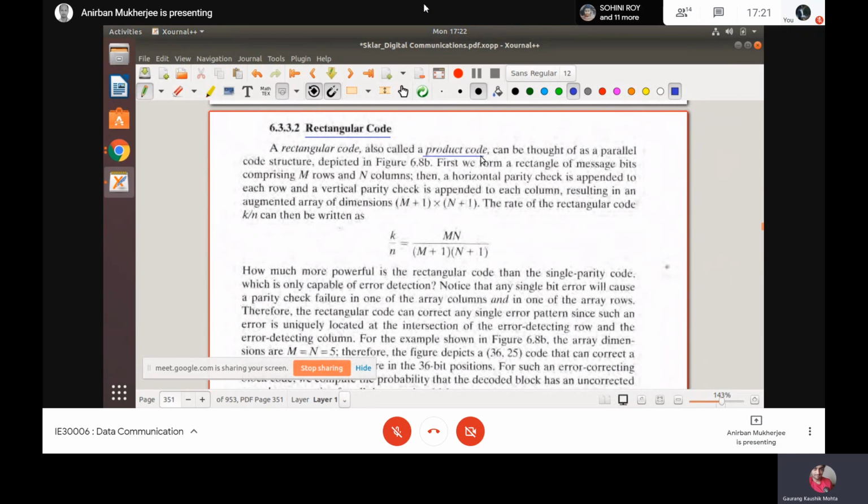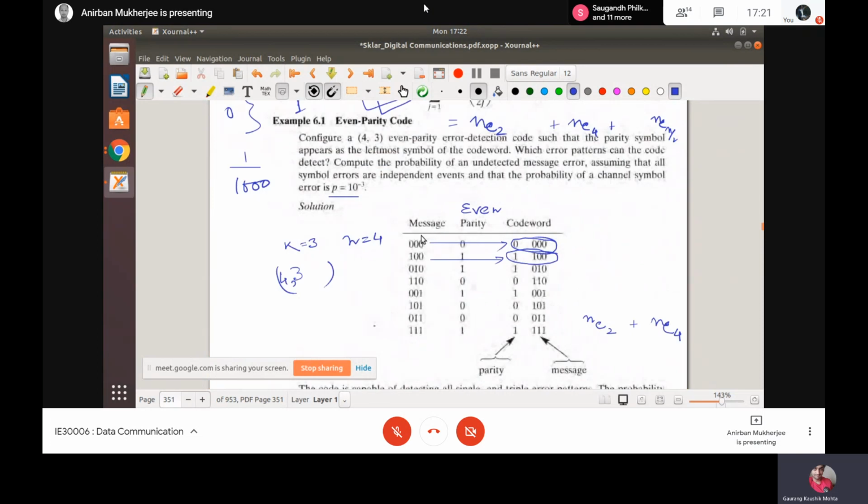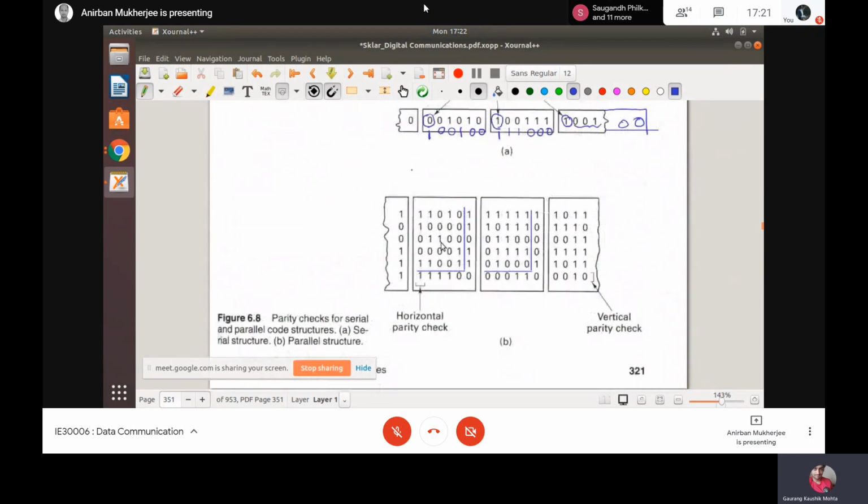Here, if the total message is m cross n, say this is m and this is n, but here m equal to n anyway. What I am doing is putting this column as a parity. Similarly, this row is another parity.